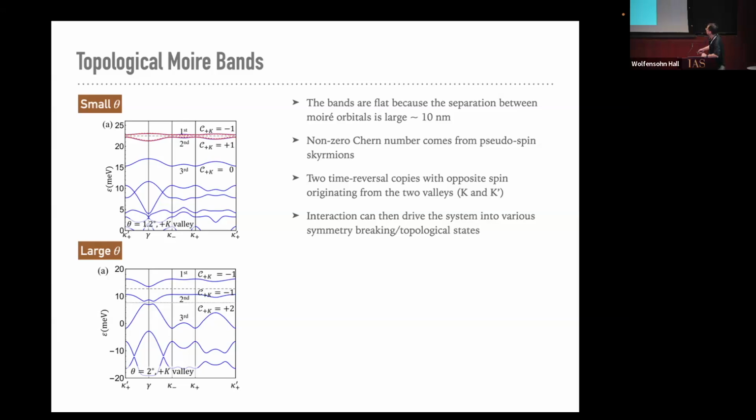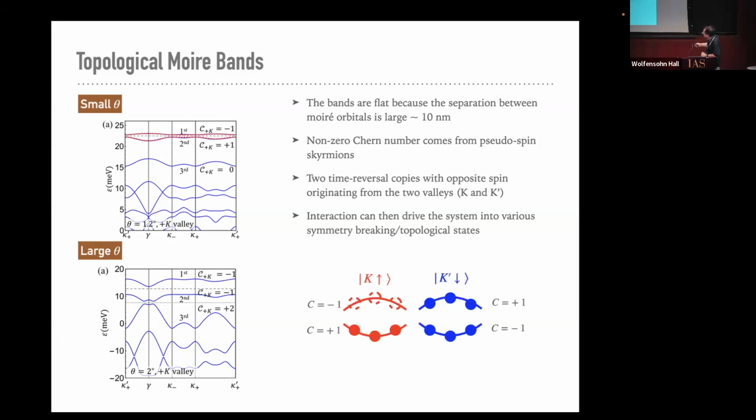Okay, and finally, the physics now becomes something like this. You have the k valley with spin up, you have the k prime valley with spin down, and now you can start to dope the system, right? And then you can ask yourself what are the possible interacting states? Sometimes those two valleys will form a coherent state. This is the inter-valley coherent state.